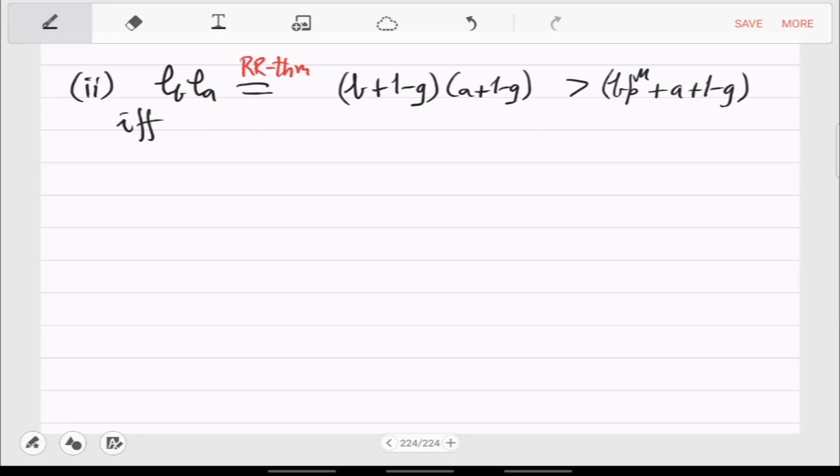So all three expressions are given by Riemann-Roch theorem, because we have made sure that these numbers are bigger than twice the genus.